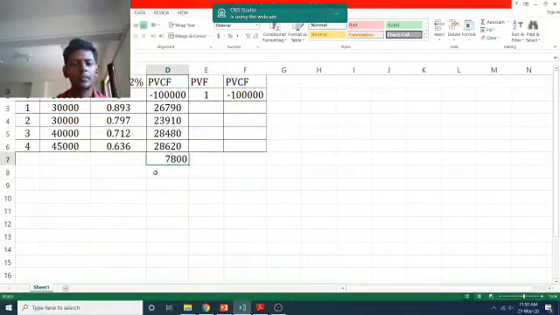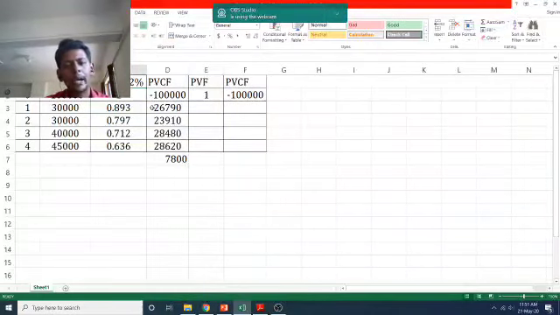There is a difference of 7,800. If you observe this, the present value of cash inflows is more than the present value of cash outflow. We need to nullify that. So I'll try it out with a higher rate.